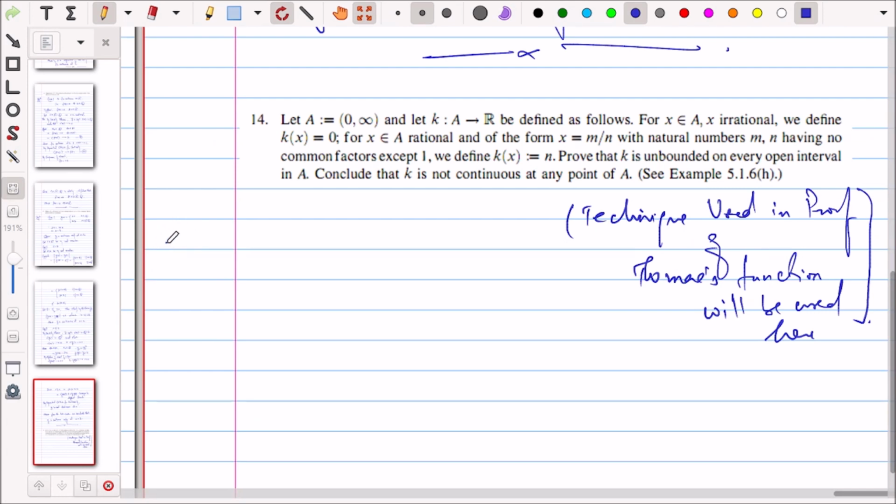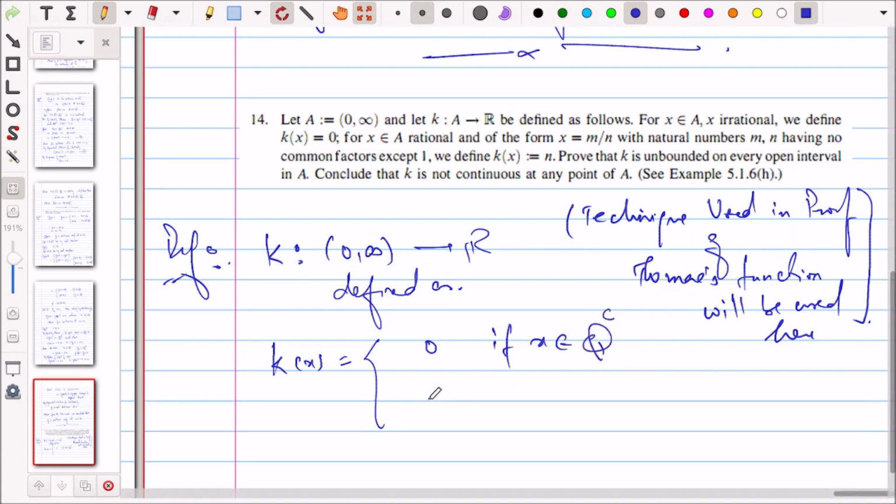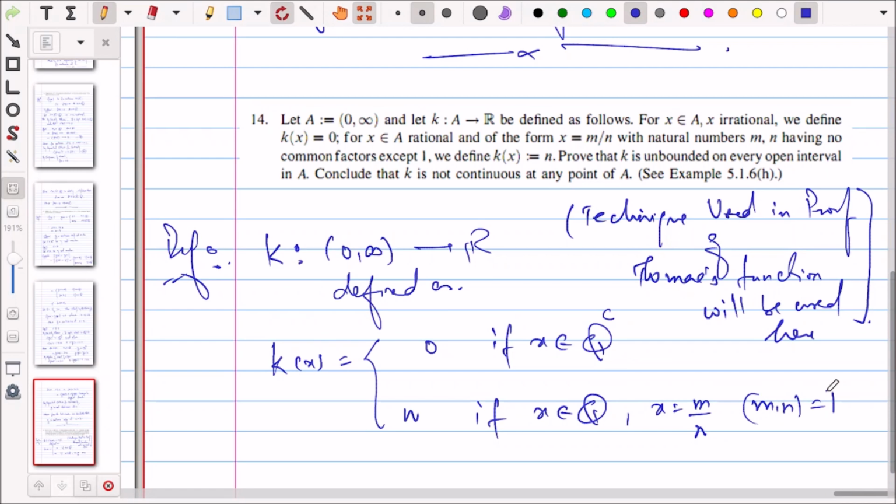Okay, so let us try to prove this. We are given A to be the interval from 0 to infinity, and k is a function from A to R, defined as k(x) equal to 0 if x is irrational, and it is n if x is rational and x is of the form m by n, where the GCD of m and n is 1, that is, m and n are relatively prime to each other.